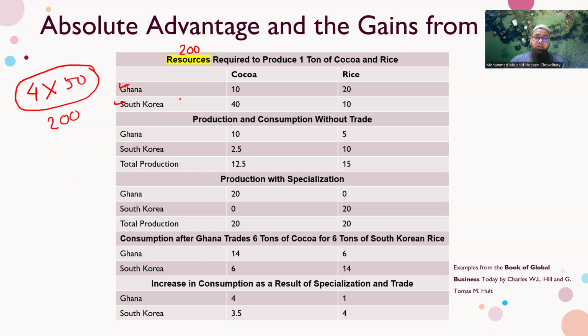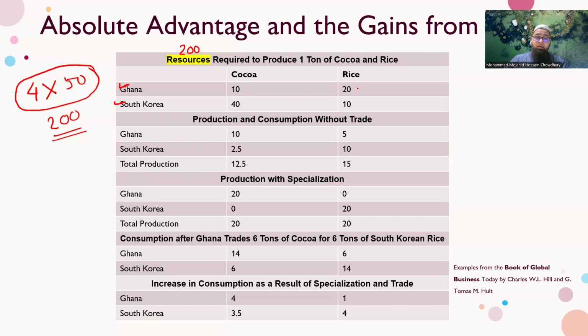As an example, we have assumed that Ghana and South Korea each have 200 resources to produce with. This shows the resources required to produce 1 ton of cocoa and rice. For Ghana to produce 1 ton of cocoa, they need 10 resources.